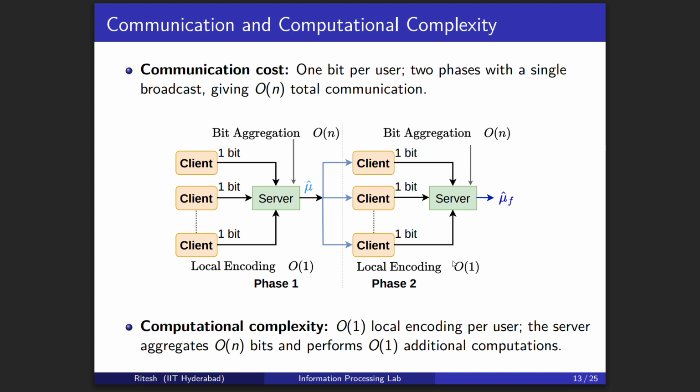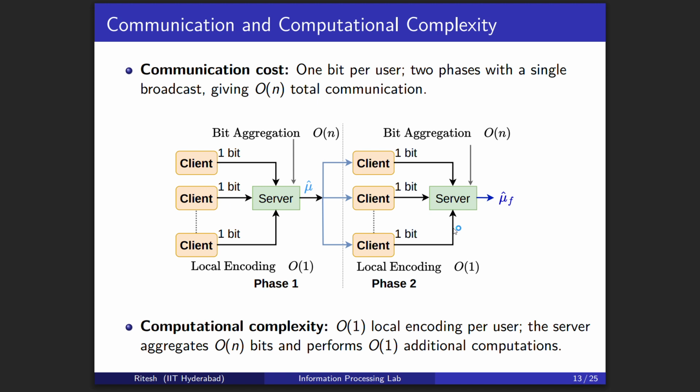Now we will discuss the communication and computational complexity. The communication cost is one bit per user in the two phases with a single broadcast. First, we compute the rough, coarse estimate mu_c hat, and then we broadcast it to all the clients in the third group. They encode using the same scheme with this threshold, and finally they communicate one bit of information to the server.